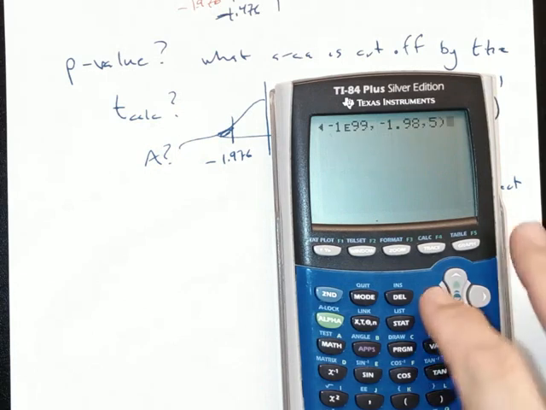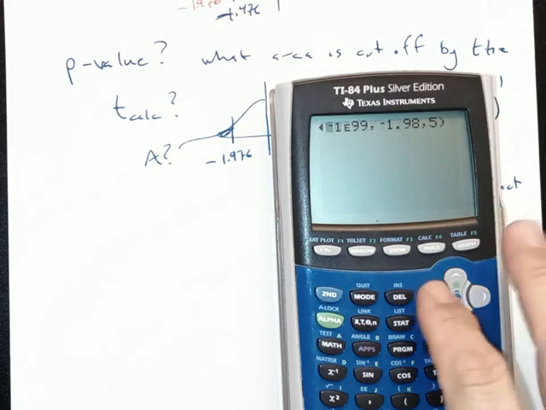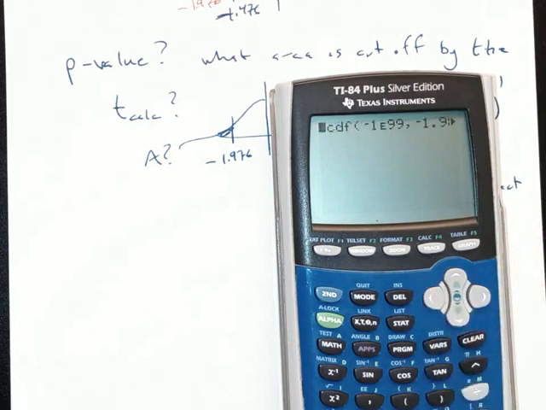It writes out the command. And then when I hit enter, it does the calculus. Or at least it approximates it. Because there are functions for the PDFs and the CDFs. I just didn't make you memorize them because they suck.